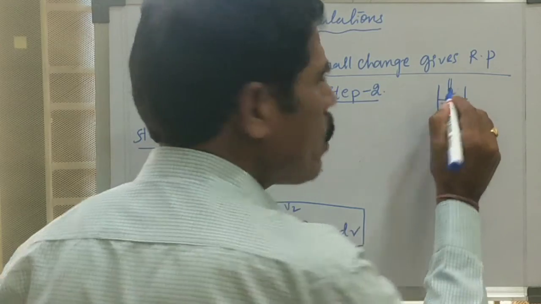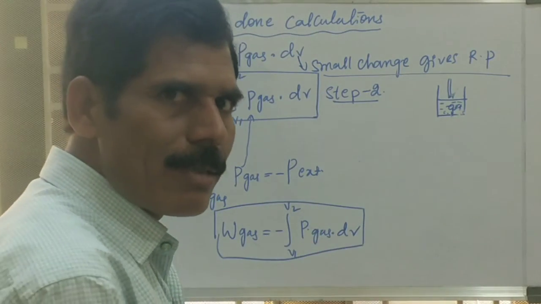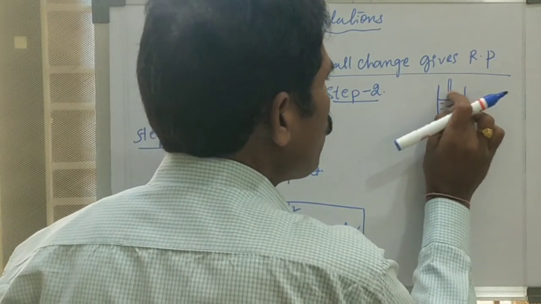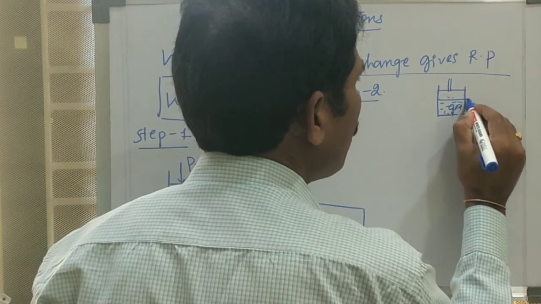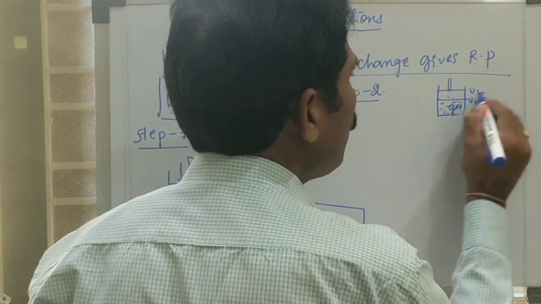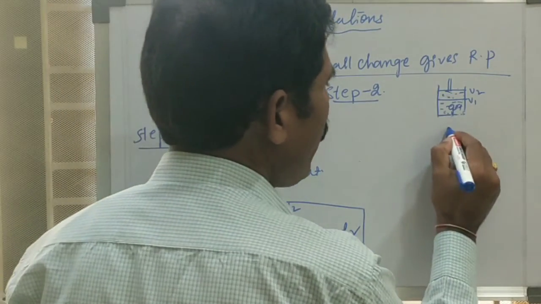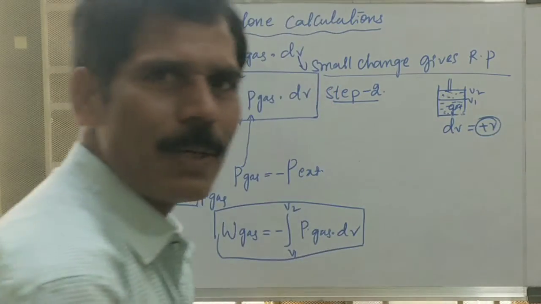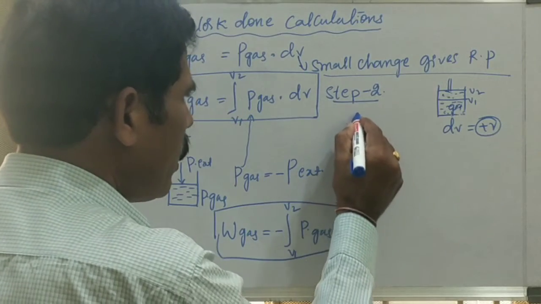The piston goes upward, which means the volume will increase inside the cylinder, up to here, from V1 to V2. So dV is positive, right?